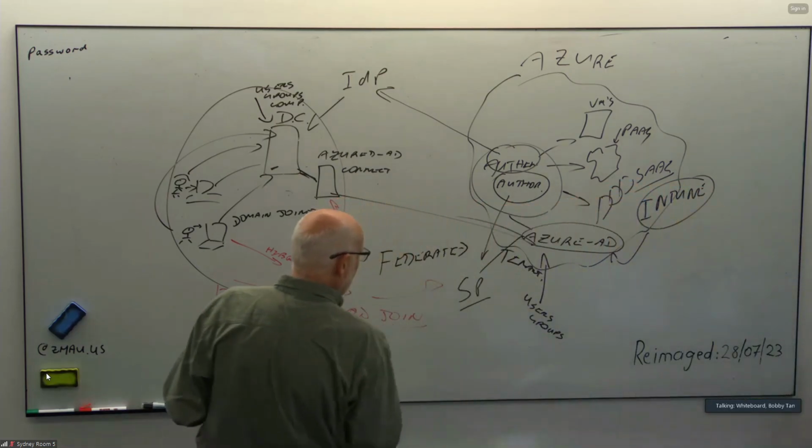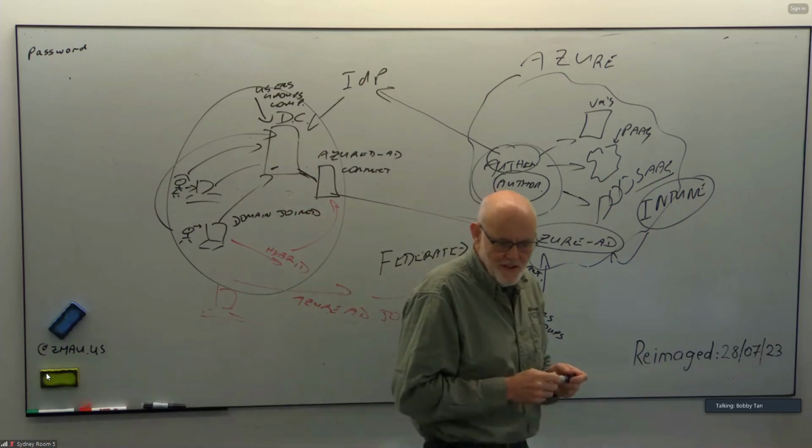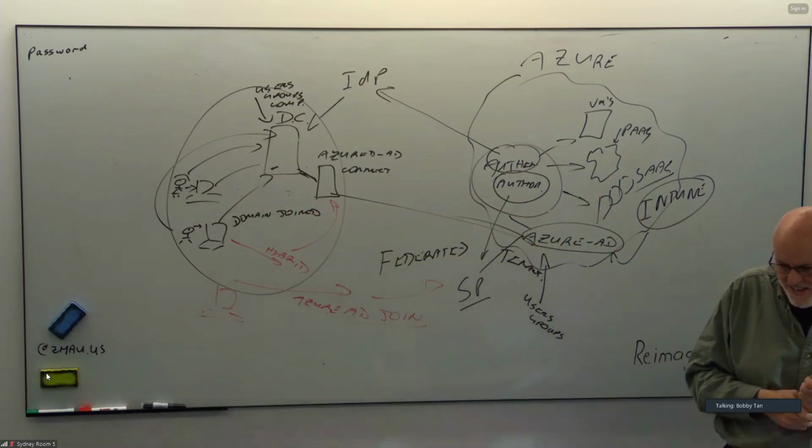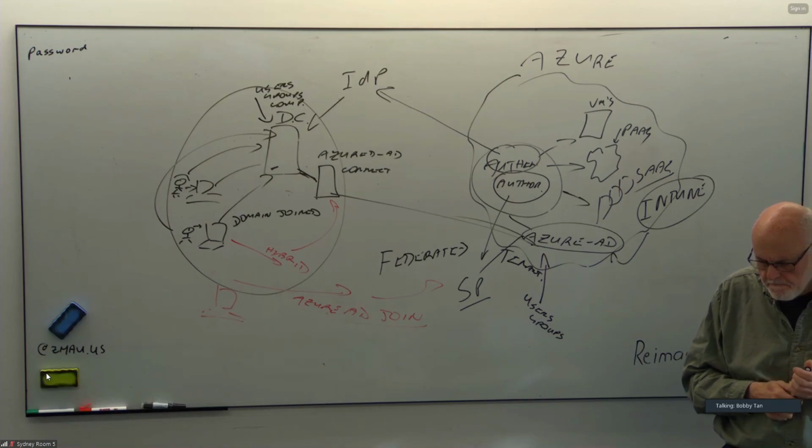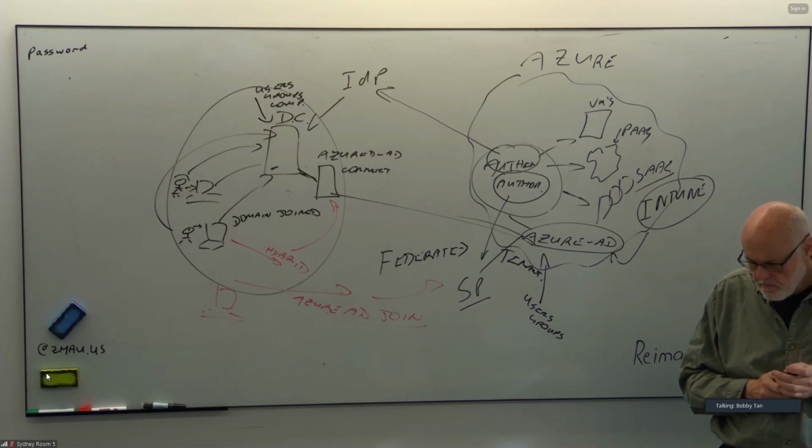Got one question for you. Probably a simple one. Let's say we've already got a device, a laptop that's organization owned, it's already on the on-prem DC, and on Azure, we have configured it to be hybrid AD joined.